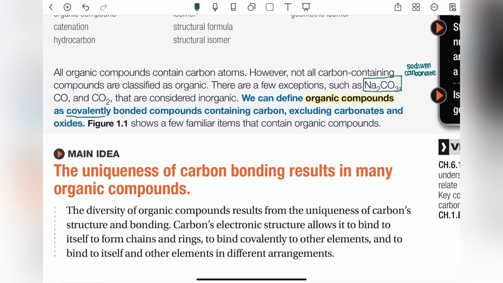So it's carbon and then another element, and there can be an N number of carbon atoms in order for the compound to be considered a carbonate. And same for oxides: an N number of oxygens and then another element.